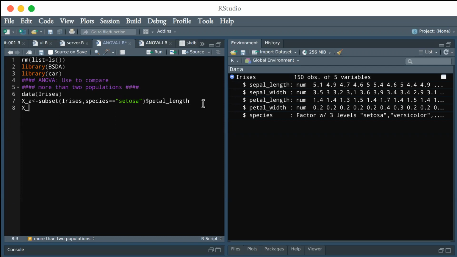The next one, I'll go for versicolor, and the last one, Virginica.